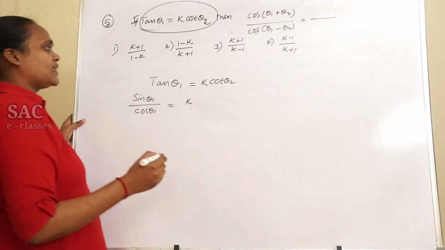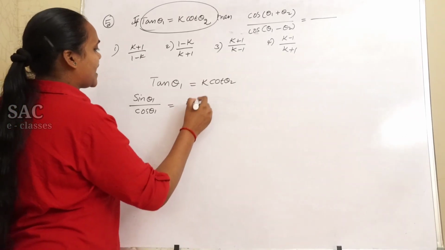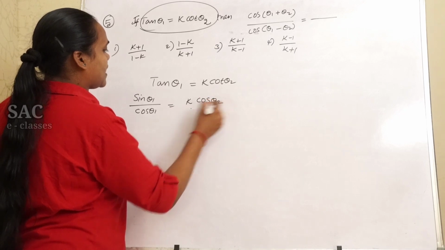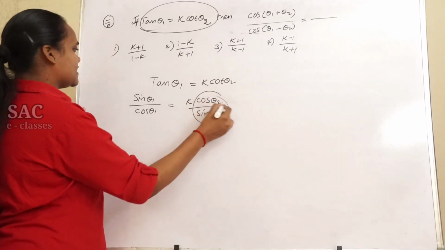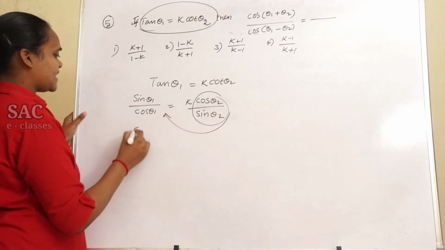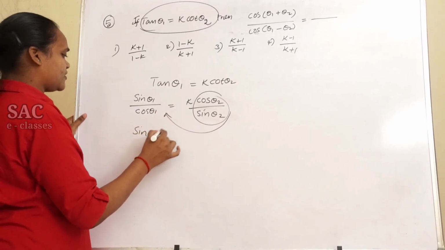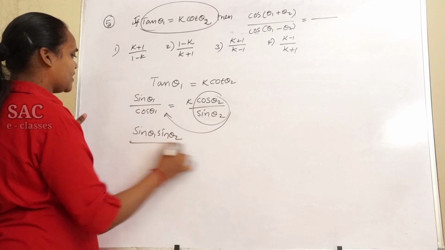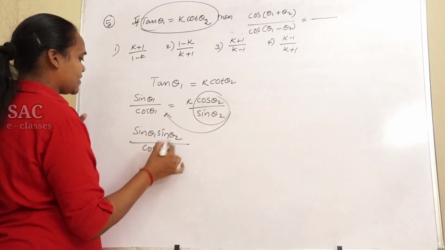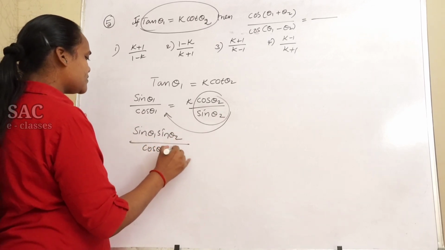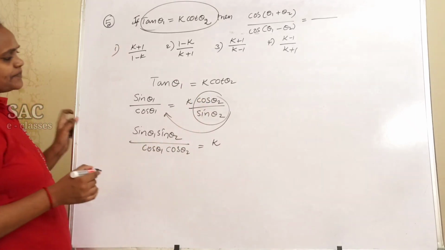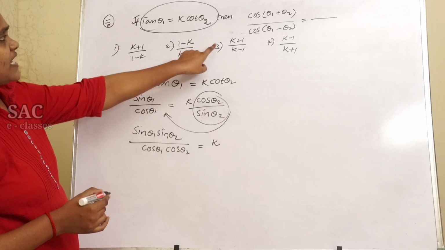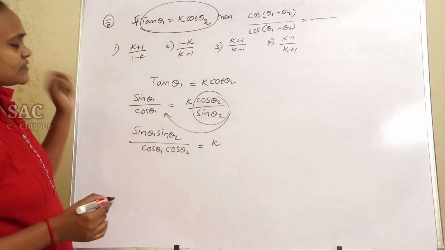As we know, cot theta 2 can be written as cos theta 2 by sin theta 2. Let us transpose this side, then sin theta 1 into sin theta 2 by cos theta 1 into cos theta 2 equal to k. But here something is looking like a k, but they are asking for k plus 1, k minus 1.